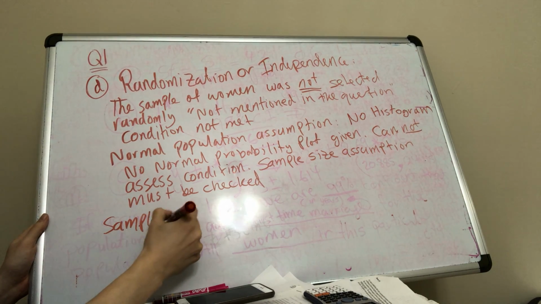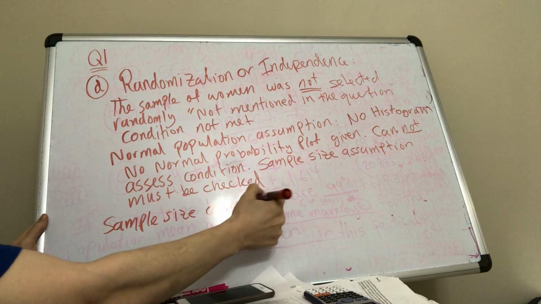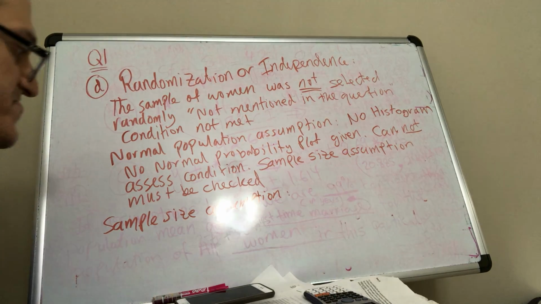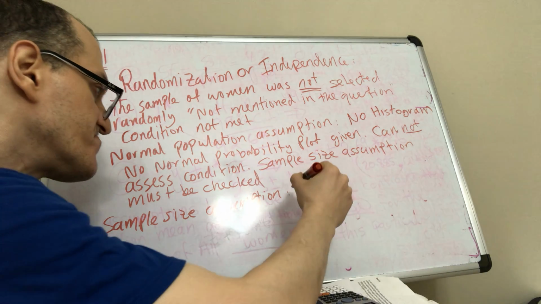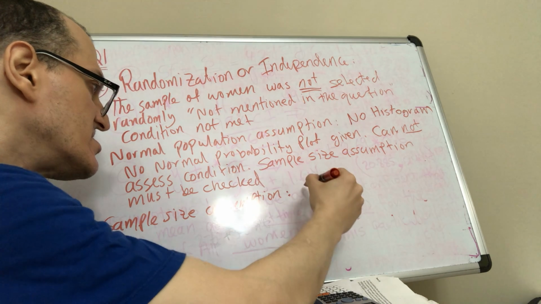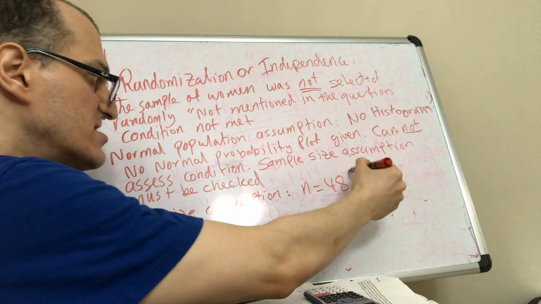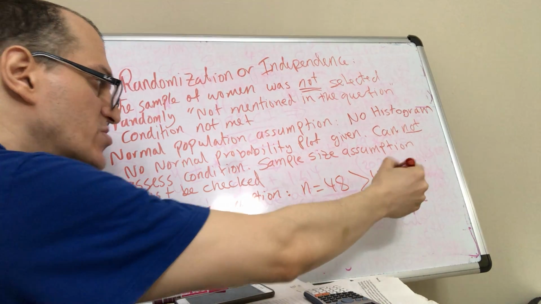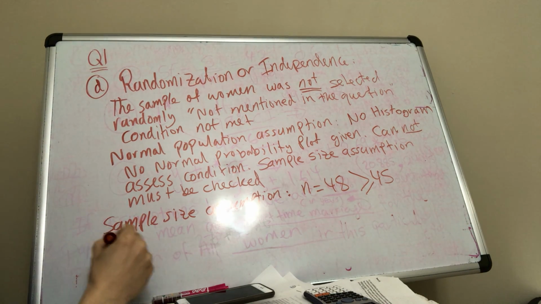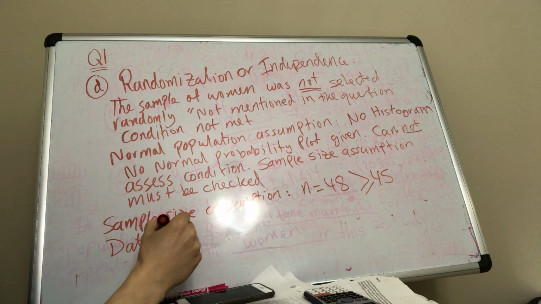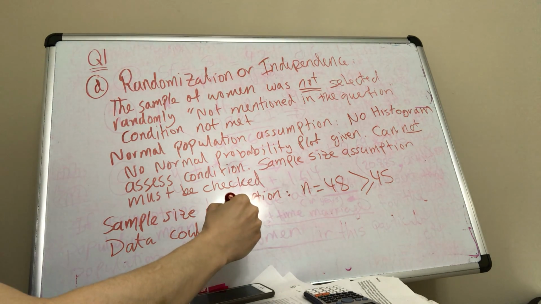Sample size assumption. In the sample size assumption, your n is 48. That's more than or equal to 45. So you have a large sample. So data could be skewed with gaps and outliers, and it doesn't matter.